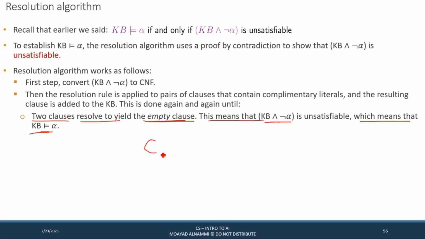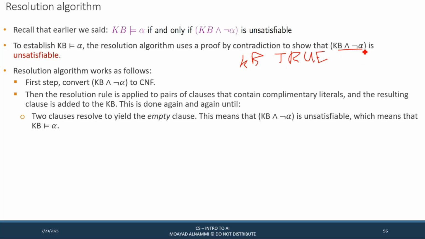So if you take two clauses, CI and CJ, and when you resolve them it evaluates to nothing, meaning the empty clause, that means that you found a contradiction. And it means that KB and not alpha is unsatisfiable. So we've achieved this condition, which means that KB entails alpha. All right. Essentially, what happens is you said the following. I already know that KB consists of facts that are true.